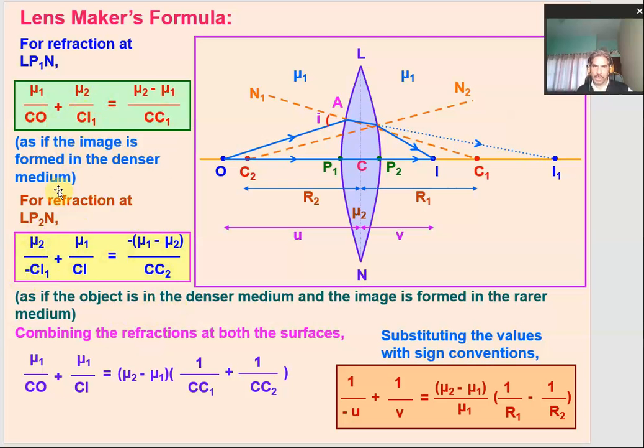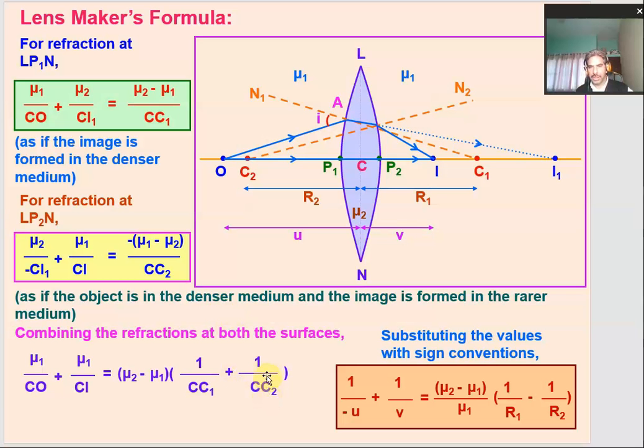So on the left hand side we are left with only these two terms, mu1 upon CO from the first equation plus mu1 upon CI from the second equation, which is equal to, on the right hand side, we just take this term mu2 minus mu1 common here and here, and inside we are left with only 1 upon CC1 plus 1 upon CC2.